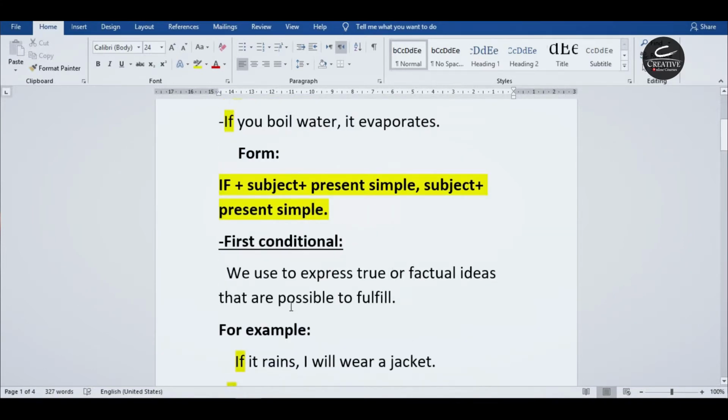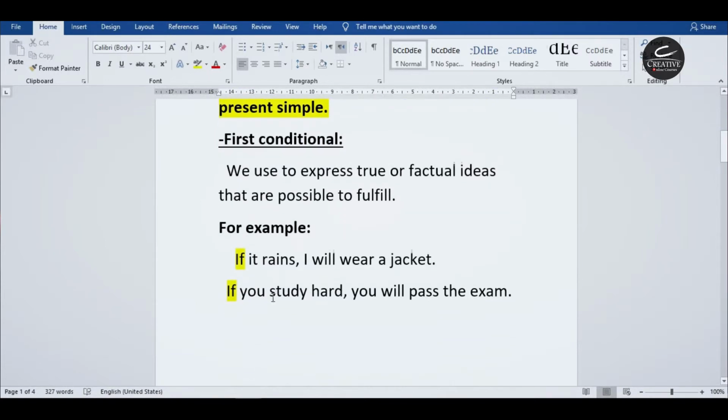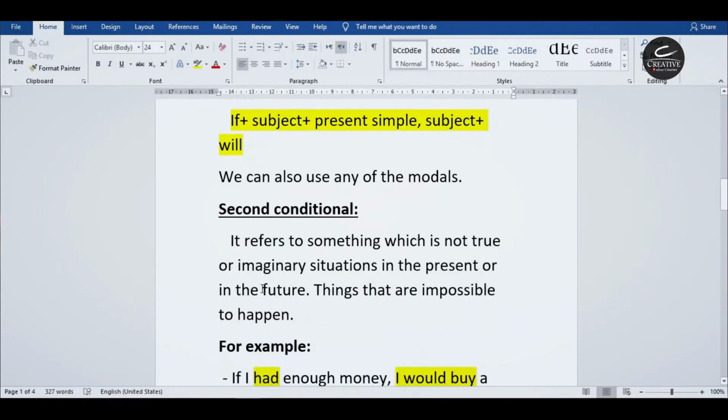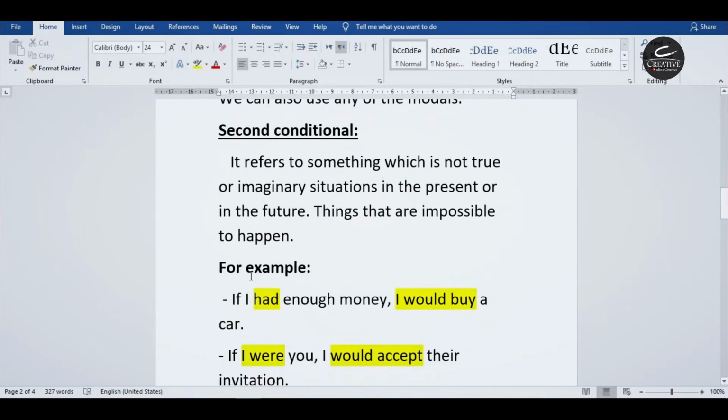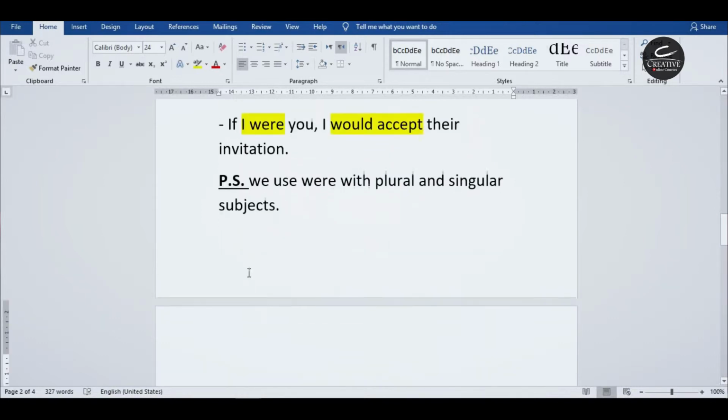We use it when we want to talk about things that are possible to happen, and we use with it the present simple and the future tense. The second conditional, we use it if we want to talk about something which is impossible to happen, but in the present or in the future. In this conditional, we use the past tense plus would and the infinitive.